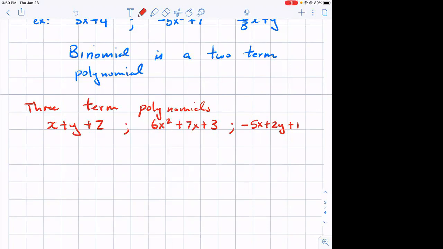And when it's a three-term polynomial, it's called a trinomial. So a trinomial is a three-term polynomial.